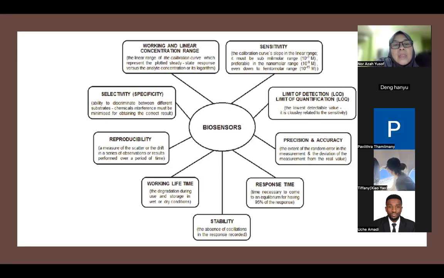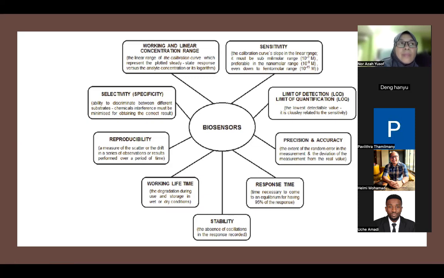So let's look at the first one. Usually we start with response time. Once we are clear on the principle of how it works, meaning that we are clear in terms of the interaction between the analytes and the bioreceptors or chemical receptors, you have to do that at the early stage.